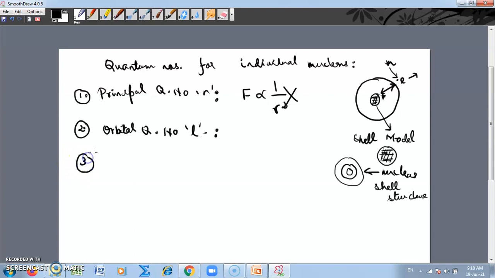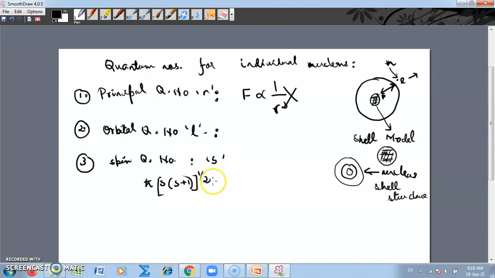Then we also have a spin quantum number, that every particle, whether it's a neutron or a proton, will have a spin s. And the spin angular momentum is h cross into s into s plus 1, the whole to the power half, which is very similar to atomic physics.